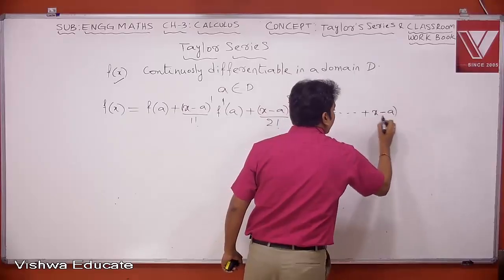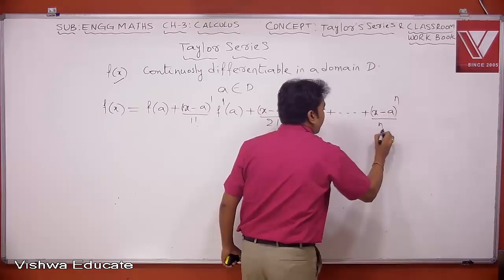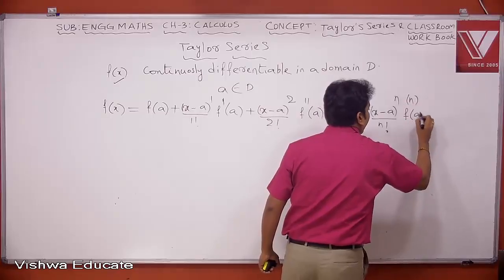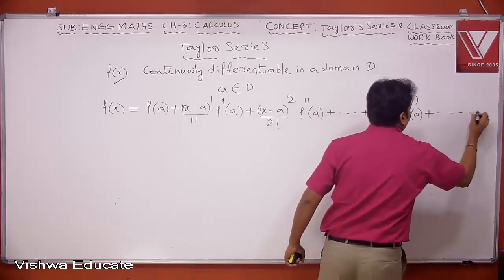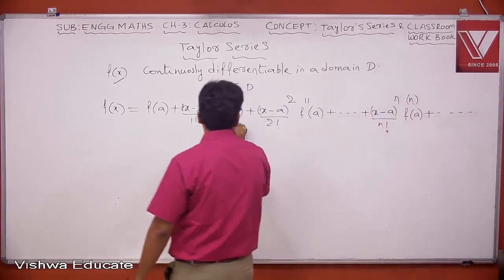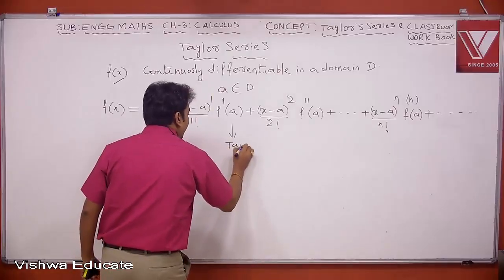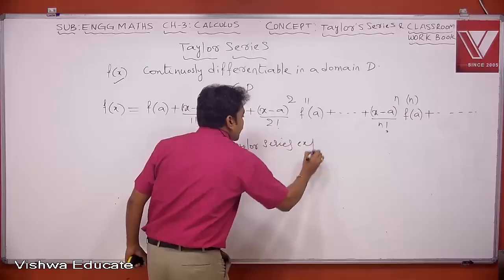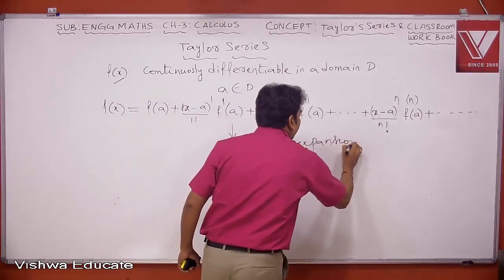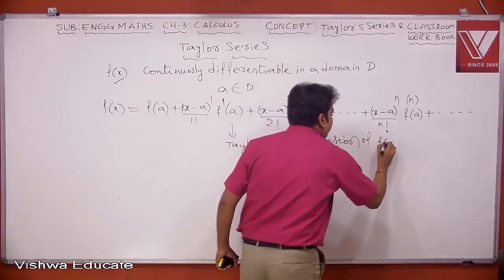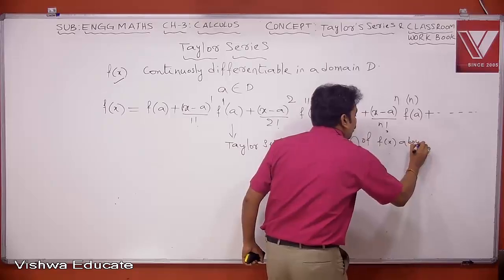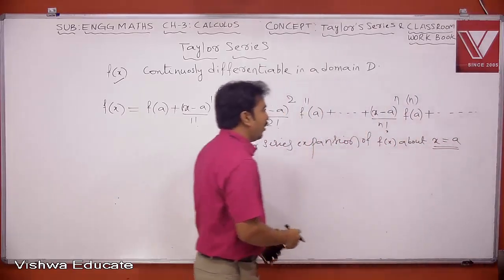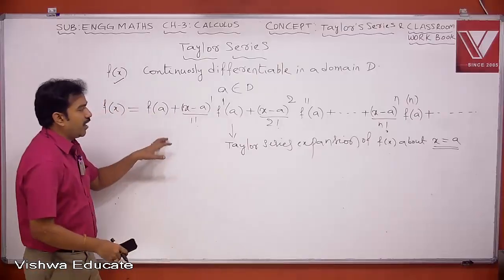I will write the nth term: (x minus a) to the power n by n factorial into the nth derivative of f at a, plus and so on. This is called the Taylor series expansion of f of x about x equal to a.